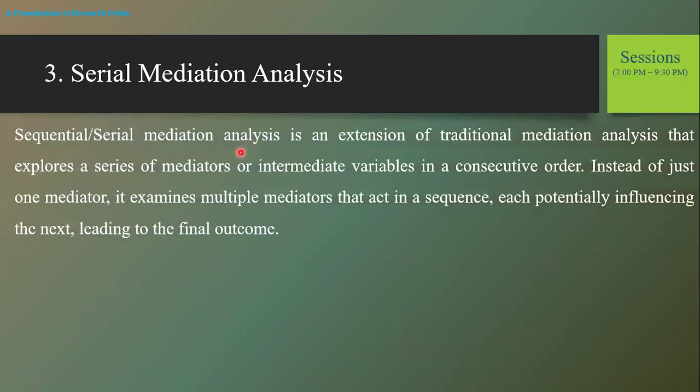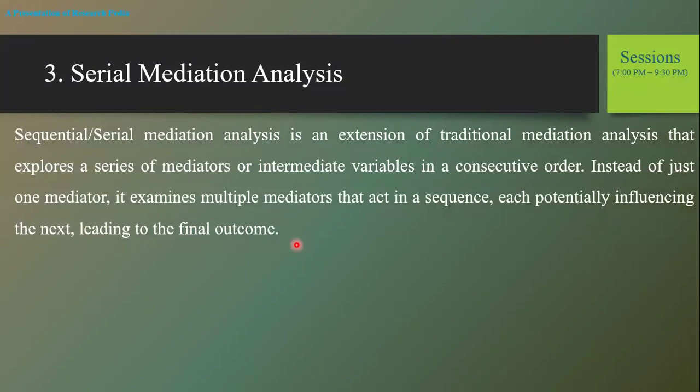Sequential or serial mediation analysis is an extension of traditional mediation analysis that explores a series of mediator or intermediate variables in a consecutive order. Instead of just one mediator, it examines multiple mediators that act in a sequence, each potentially influencing the next, leading to the final outcome.